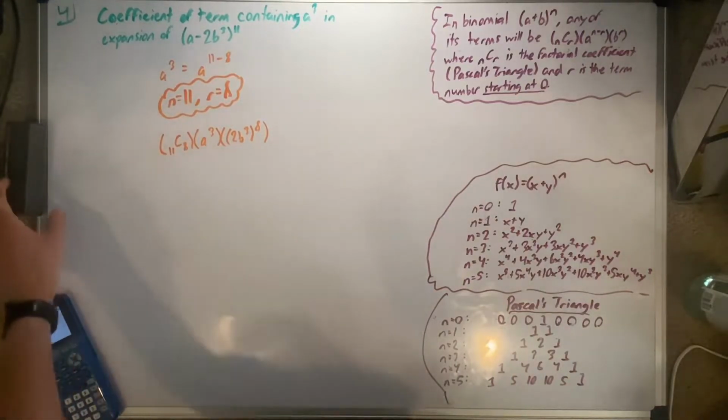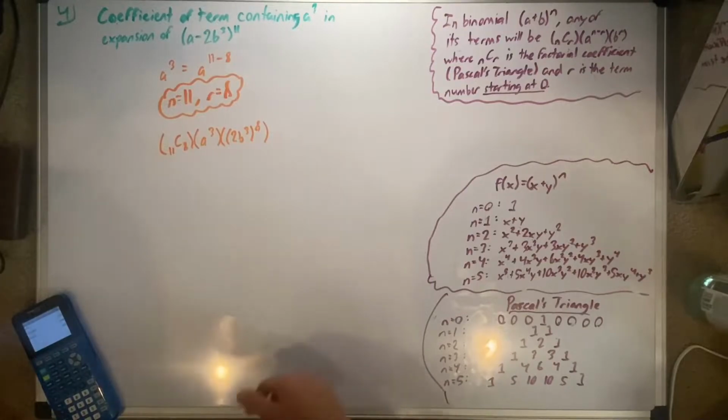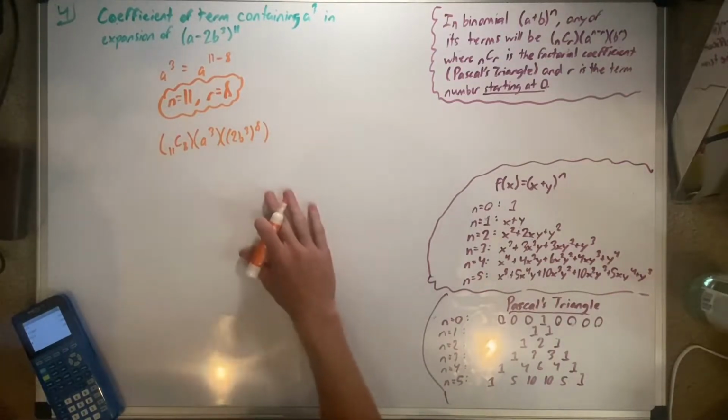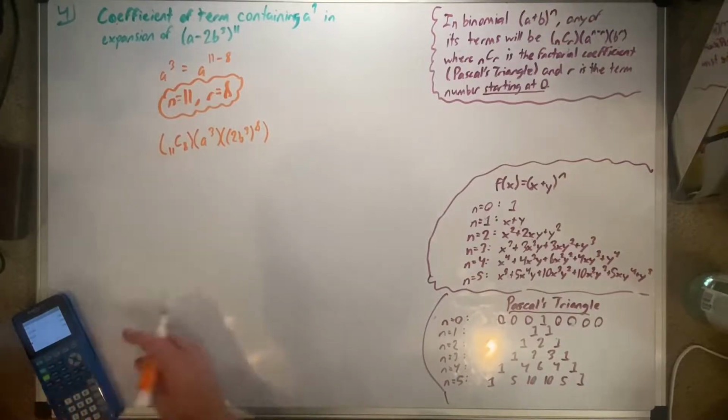And why we have to divide that same factorial out is to ignore all of the numbers that would be repeats.